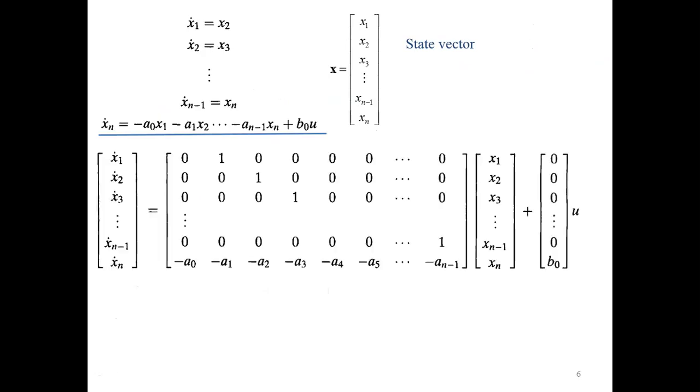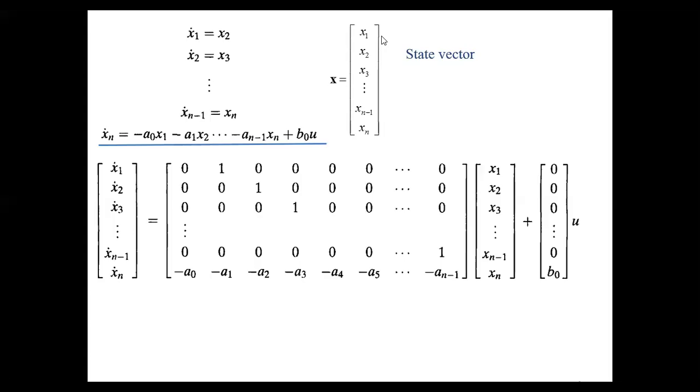So the state vector will be equal to x1 to xn. This vector matrix form is the phase variable form of the state equations.